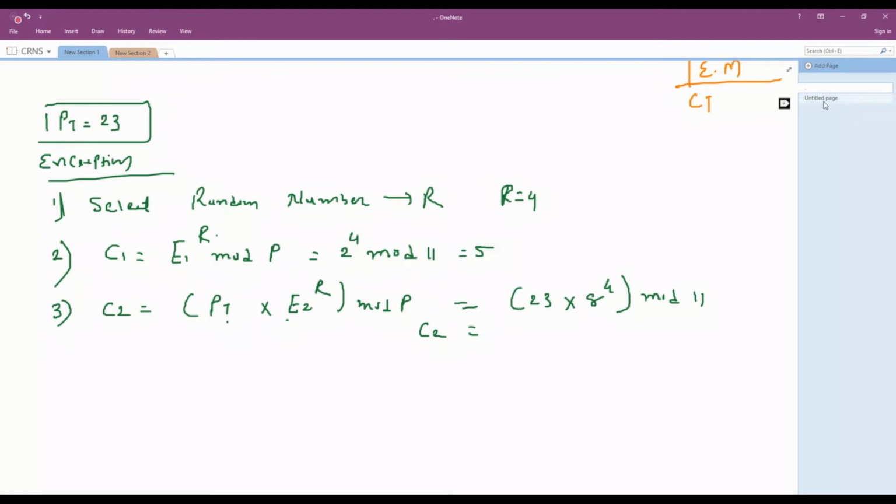Plain text, you can just take 7. You can take 23 also, not an issue. But for this example, we have taken 7.